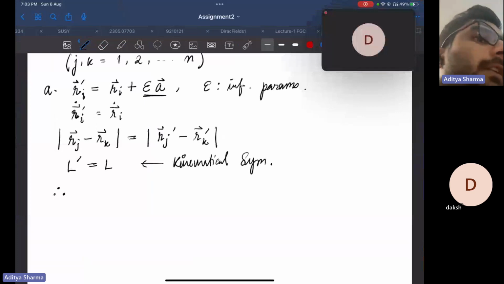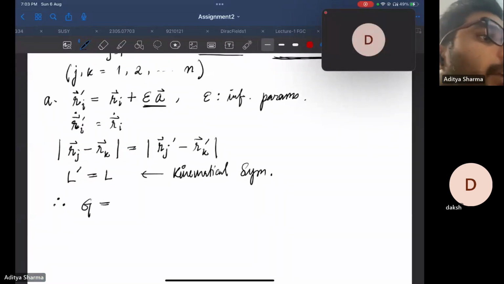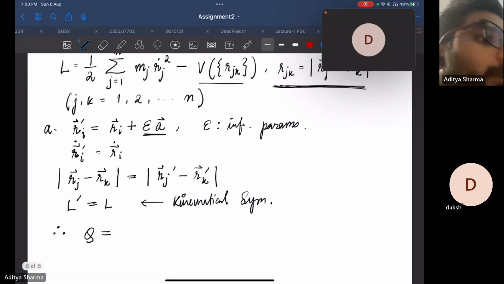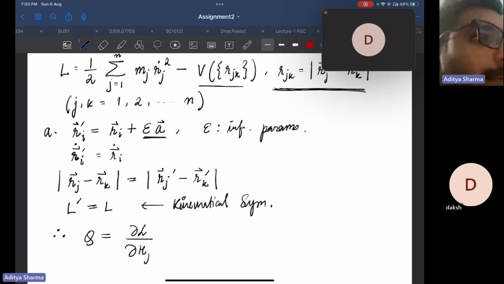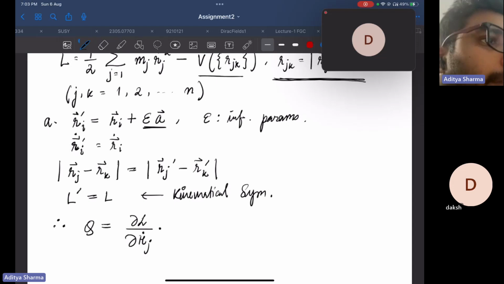Yeah. So L prime is equal to L. The constant of motion, whatever he was calling Q, will be what in this case: Rj dot times the generator of this thing.